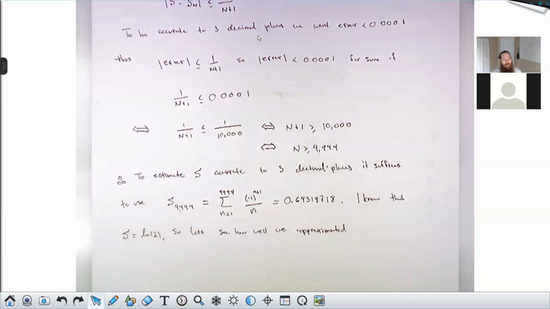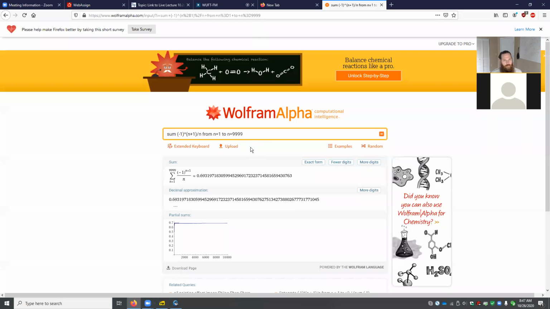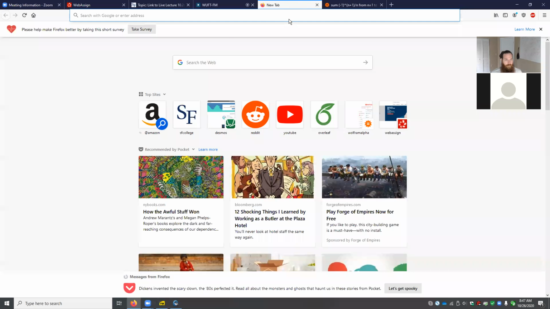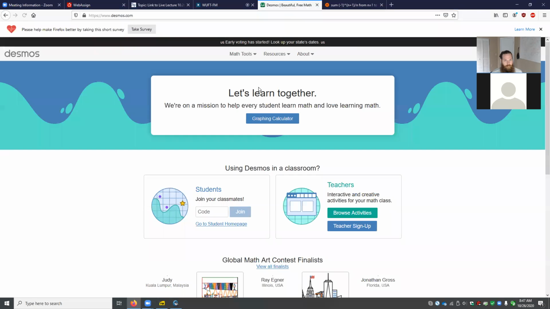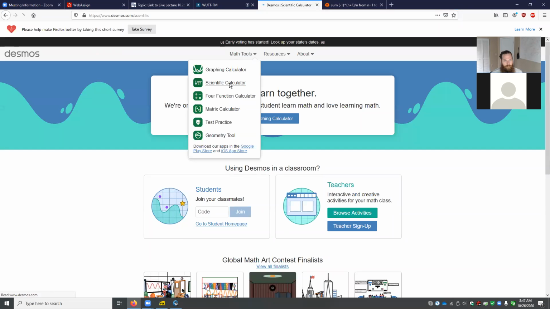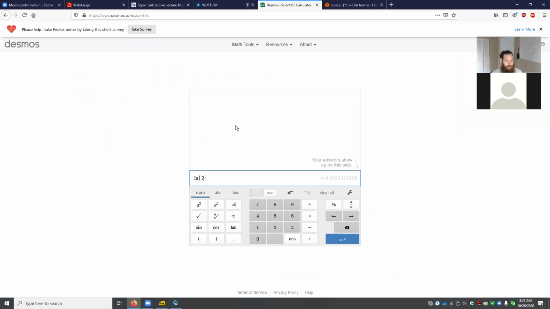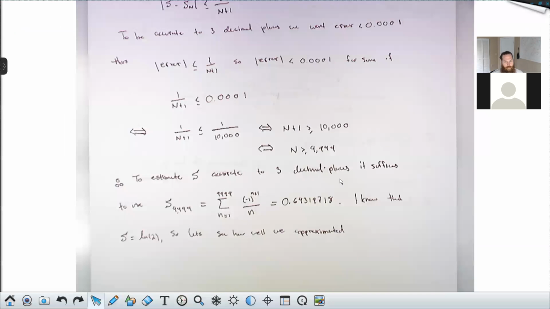Let's see how well we approximated. What is the actual value of the natural log of 2? It's 0.693147. I've got 0.693197. So not only did we get the first 3 decimal places correct, we got the first 4 decimal places correct, because the error in our sum could be off in the 4th decimal place only by as much as 1.